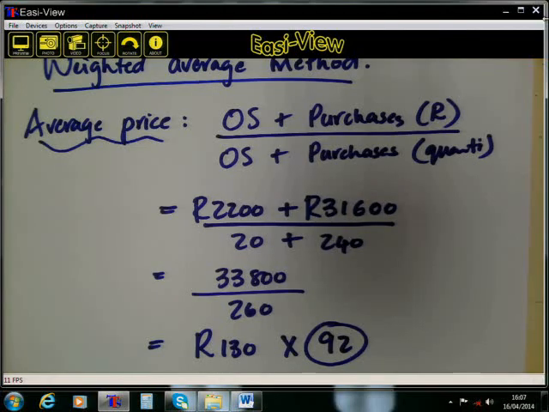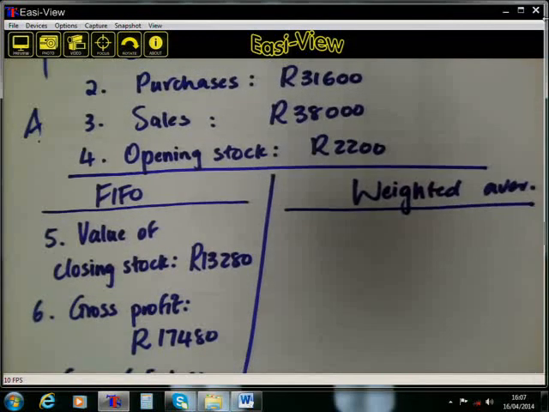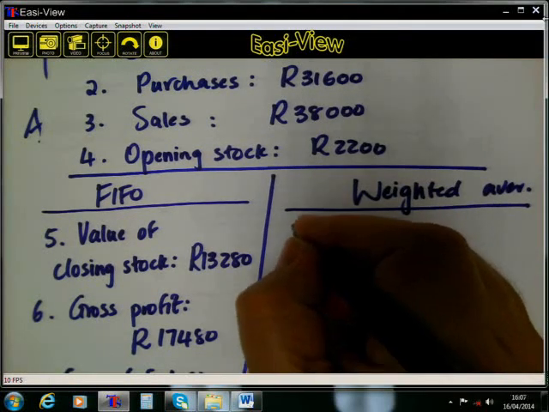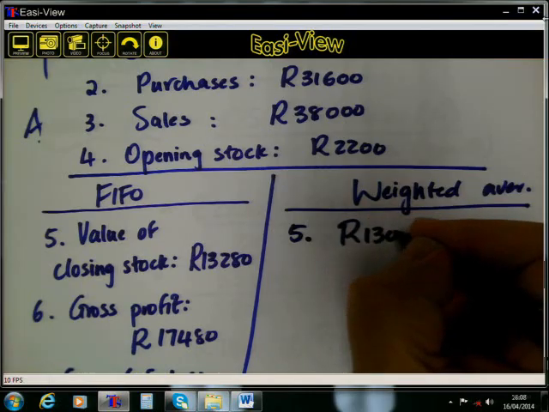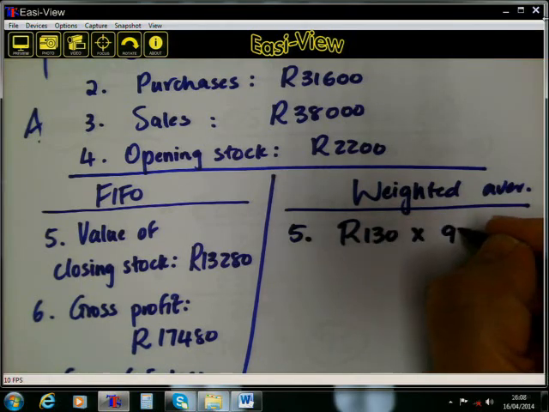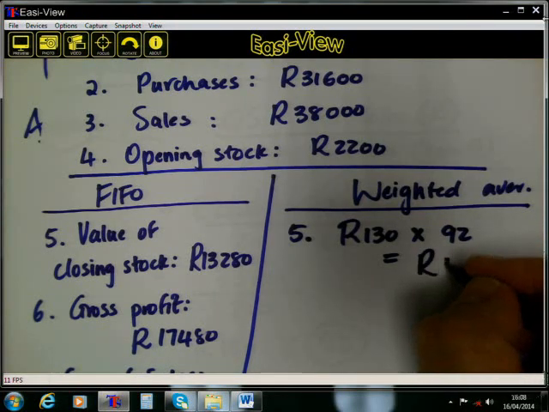Because we are looking for the value of the closing stock according to the weighted average method, which is 130 Rand average times the 92 chairs, and that gives you 11960.